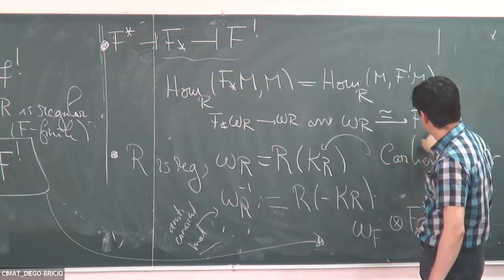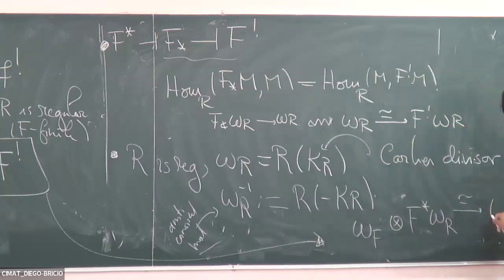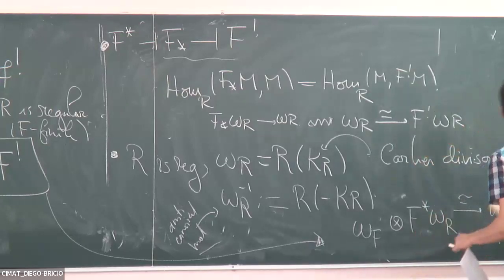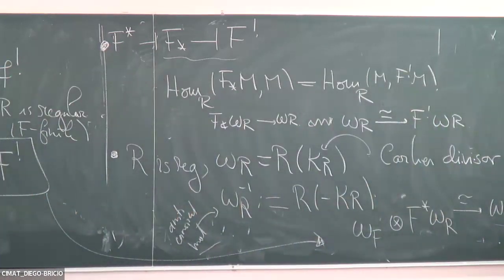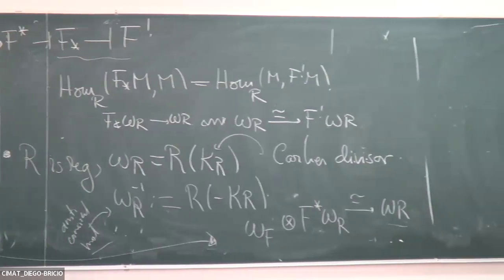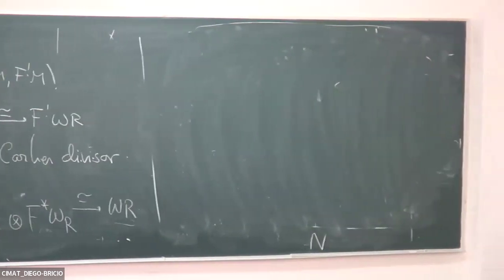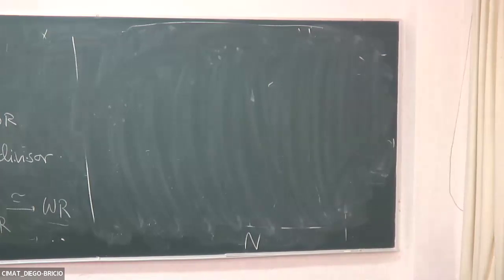The assumption is that the upper shriek of omega R is omega R, so I'm going to have omega R over here. Let me keep going with this. What is the conclusion?